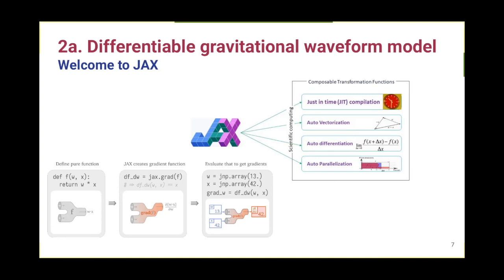Because you write all of the code in JAX, however complicated your code is, it is basically a combination of arithmetic operations, for example, addition, subtraction, multiplication, division, and different functional forms, for example, log or exponential or so on.